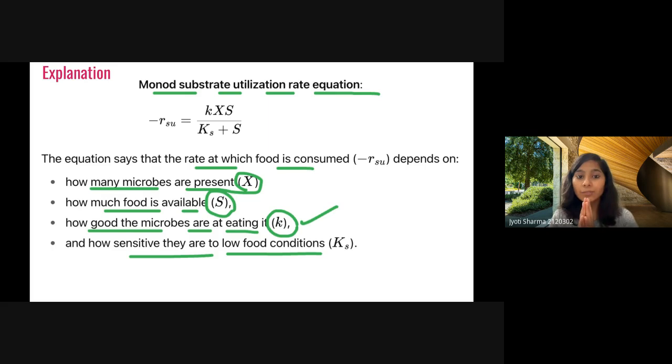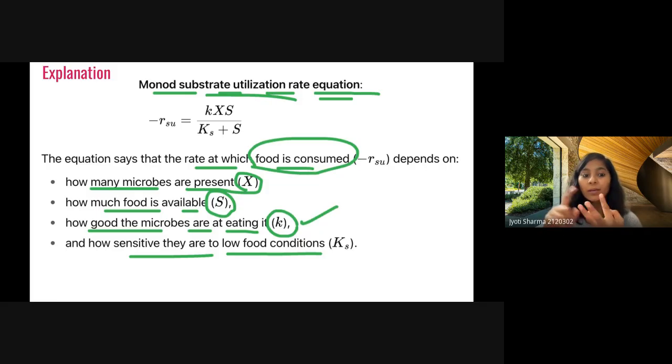Based on that only you will decide how your food will be consumed. So this will be the substrate utilization rate. It depends on the microorganism, the substrate that we have, the efficiency of the microorganism to eat that substrate, and how sensitive they are when we have low organic matter in the polluted water. Okay, so this is your equation for the substrate utilization rate.